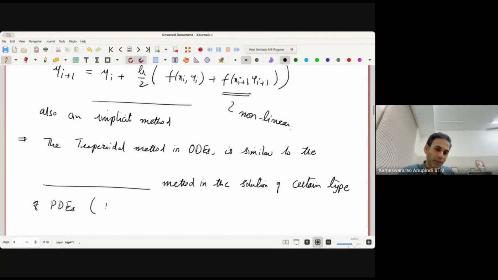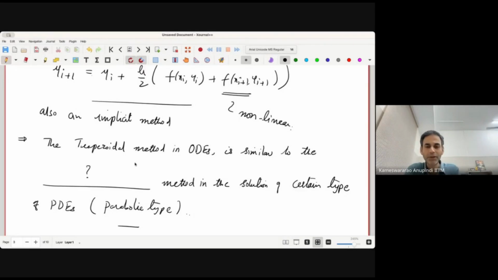Okay, and this type happens to be a parabolic type of partial differential equations. So my question is, to which method do you relate this trapezoidal method in the context of solution of PDEs?